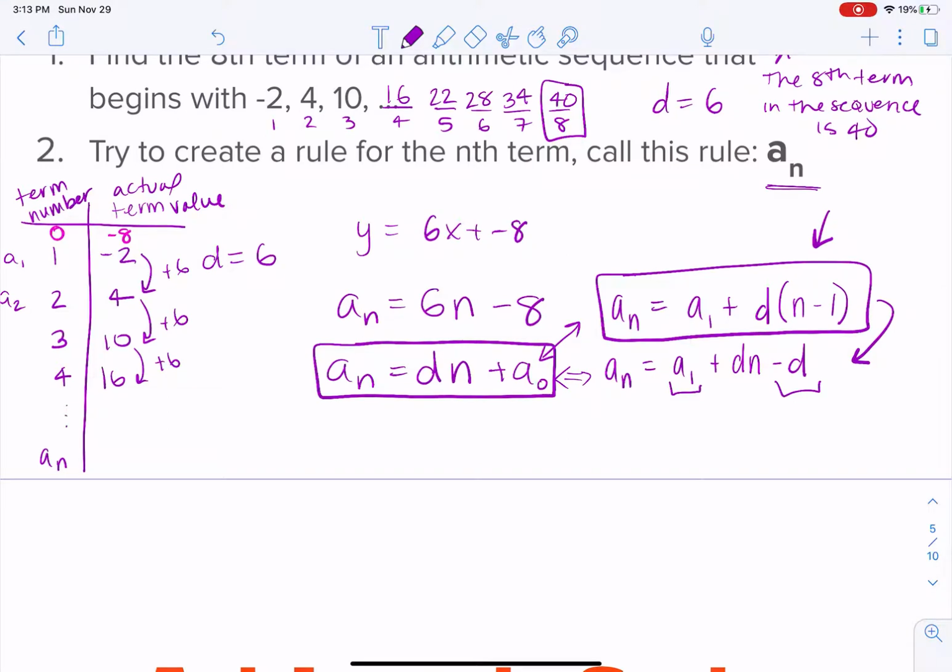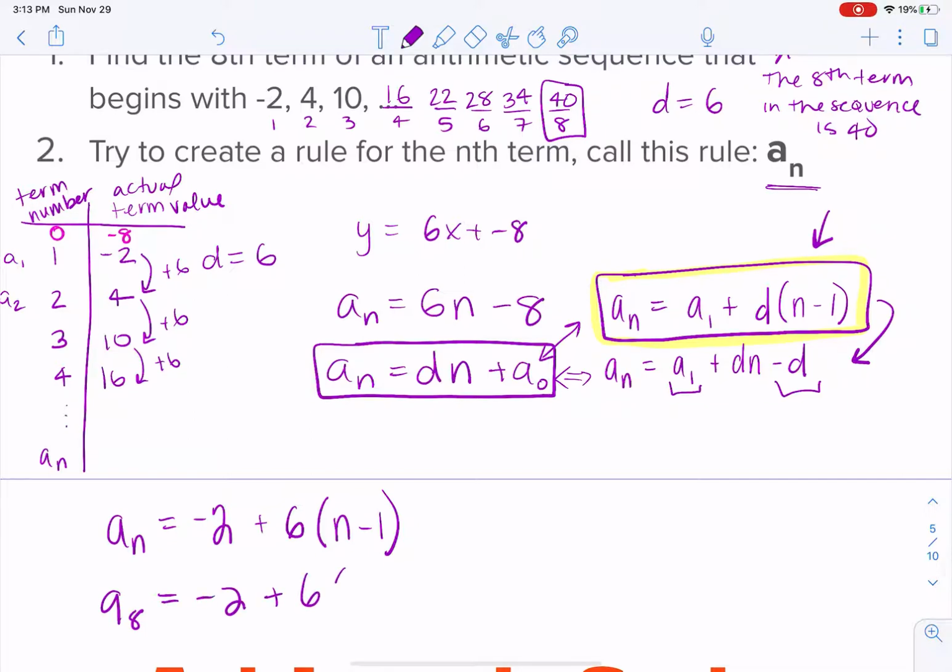Let's see if our rule works, and we will use this version of the equation right here. So a of n is a1, which is -2, plus my common difference, which is 6 times n minus 1. And I'm looking to find the 8th term. So a of 8 is -2 plus 6 times 8 minus 1.